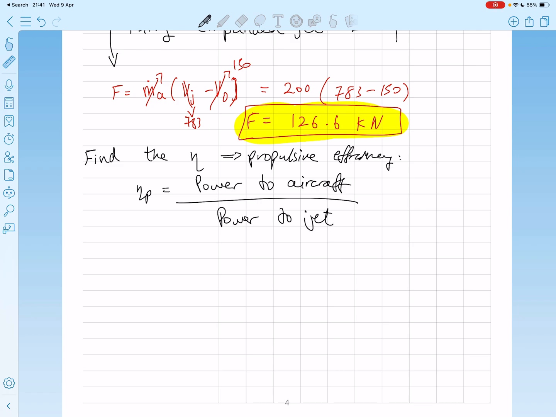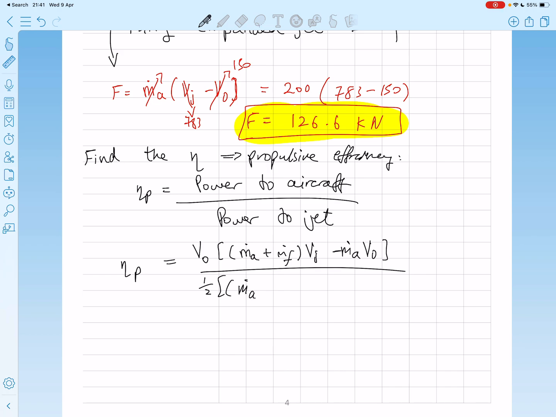Was just confirming. And the power to the aircraft is given as flight velocity times the mass flow rate of air plus the mass flow rate of fuel times the jet velocity minus mass flow rate of air times the flight velocity, all divided by the power to the jet, which is defined as a half bracket this term here.